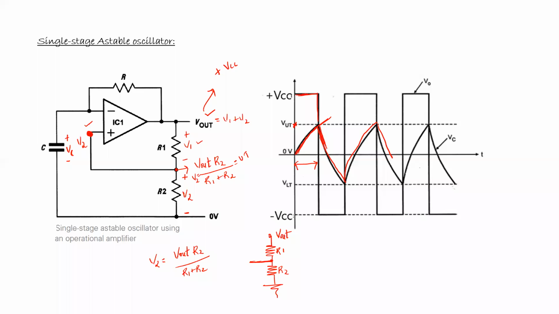So when the capacitor is discharging, what would happen to the voltage across the capacitor?